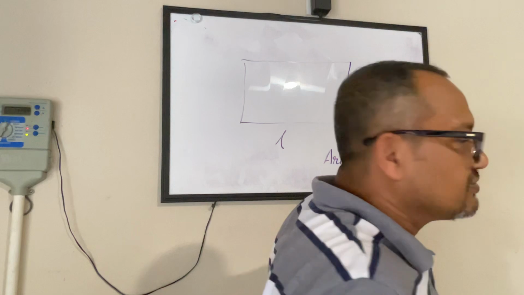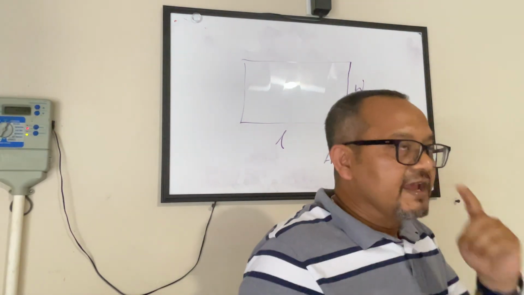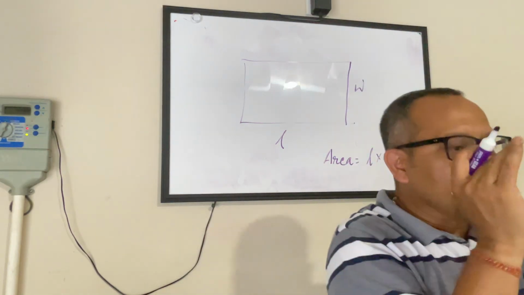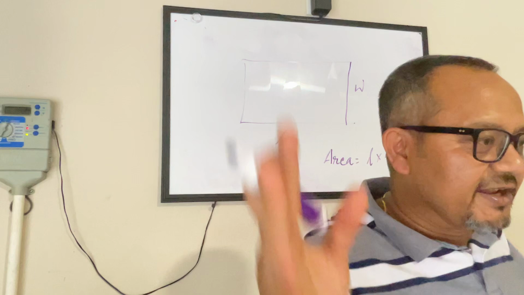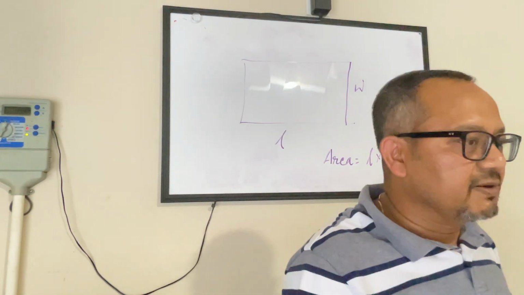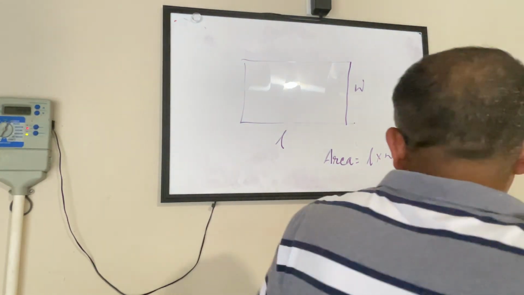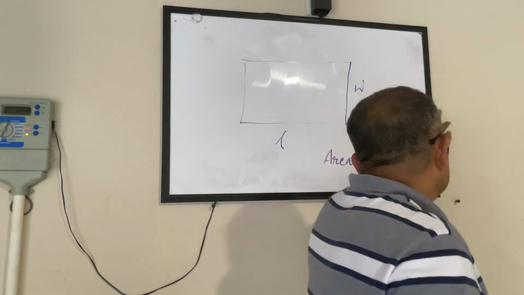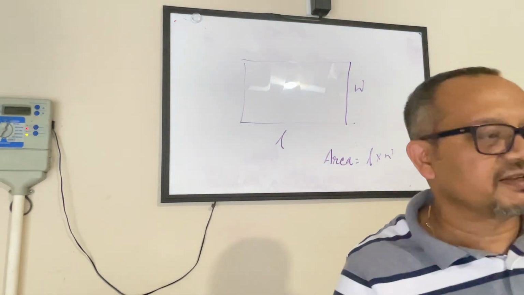This centimeter square is only a way to see that if I have a rectangle, I can break it into smaller 1 unit squares and then find out the total area. Everybody with me so far? Yes. Okay. So this becomes our formula. It says area of a rectangle is length times width.